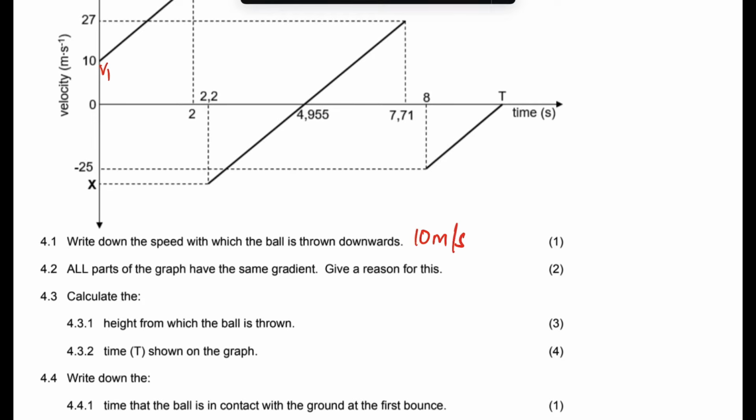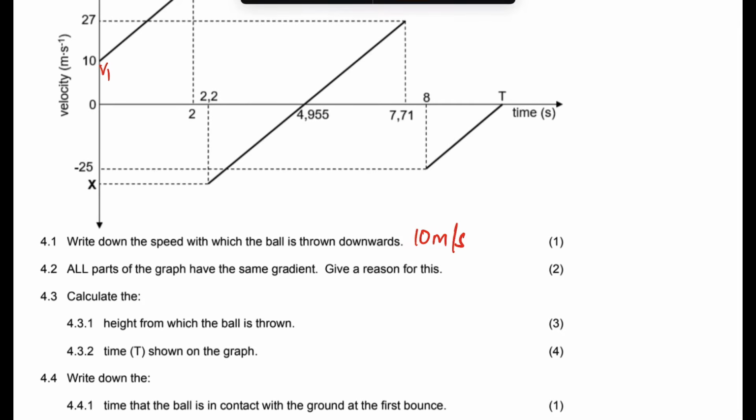Now it says 4.2, all parts of the graph have the same gradient. Give a reason for that. The gradient of the velocity versus time graph, guys, check my previous videos, is the gravitational acceleration.